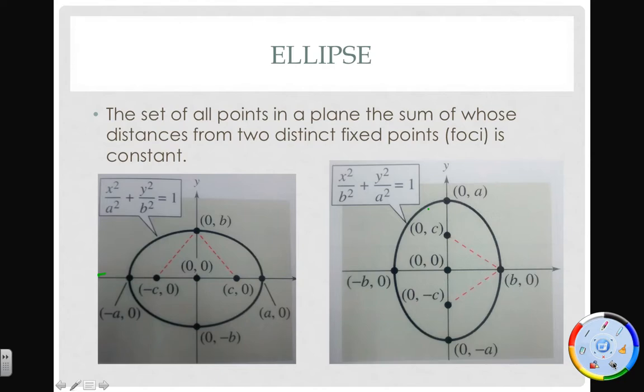And actually, let me kind of scratch that. It's actually major axis is this. This is a horizontal major axis, and the length of the major axis is 2a because it goes a to here and a to here. So this is major axis.